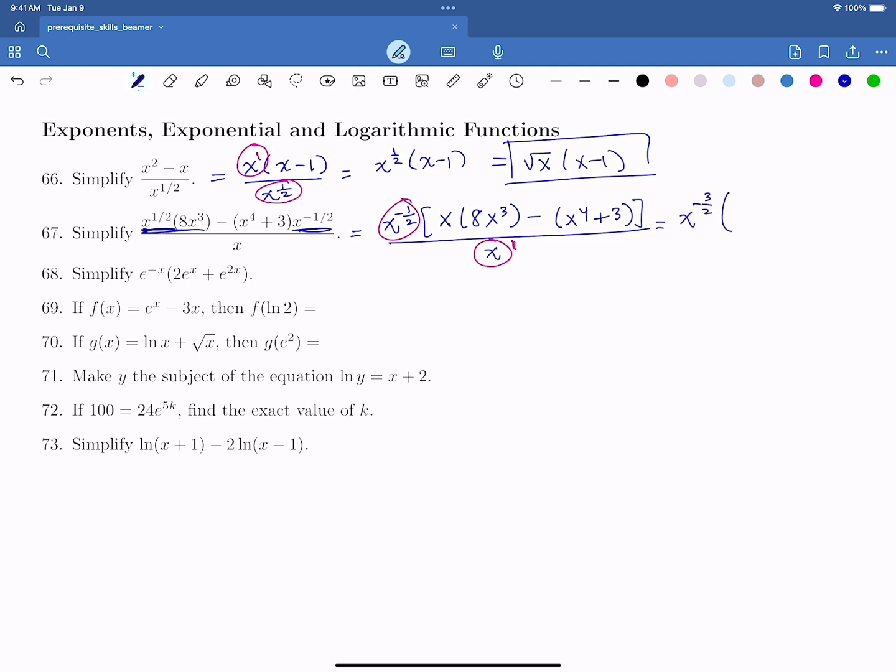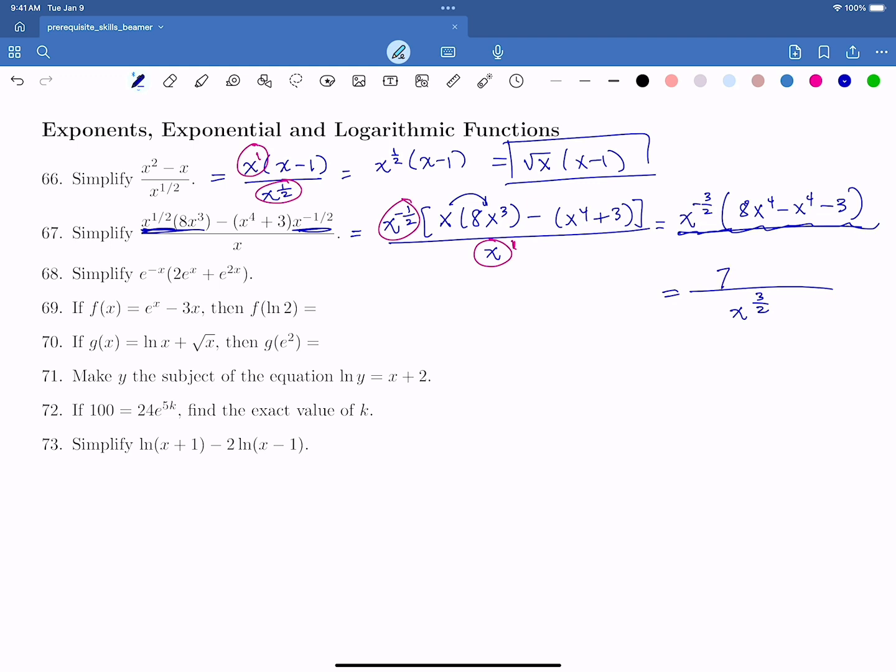And then here, distribute, or not distribute, just multiply. So I have 8x to the 4th minus x to the 4th minus 3. And then all this, oh no, not over x, because we got rid of that already. But x to the negative 3/2, that can move into the denominator. X to the negative 3/2 becomes x to the positive 3/2 in the denominator.